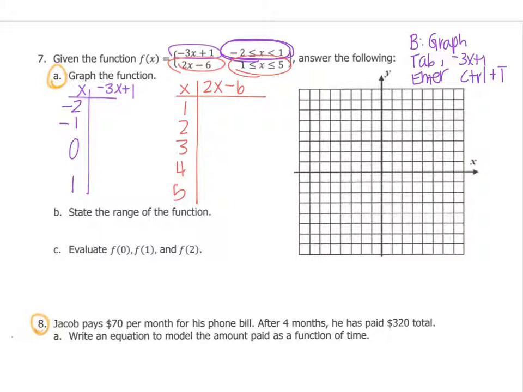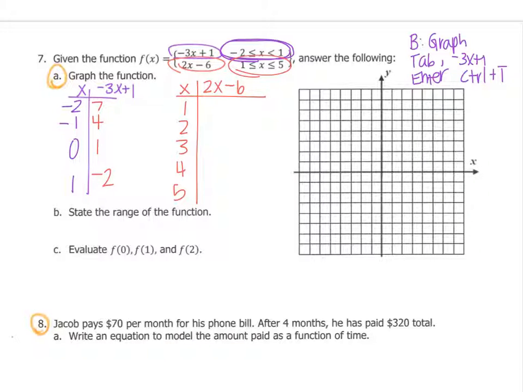Remember that you want to scroll up to where you see negative 2 and give us some values there. So I'm going to fill in my table as you're using your calculator to fill in yours. So we should have 7, 4, 1, negative 2, reading straight down in that second column.